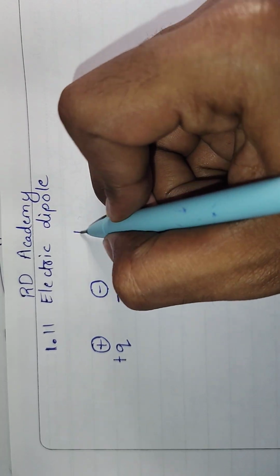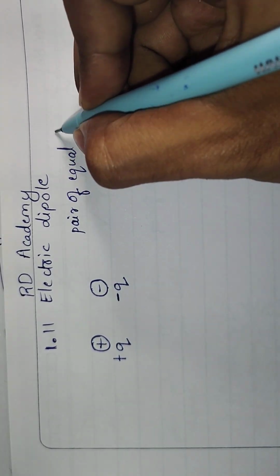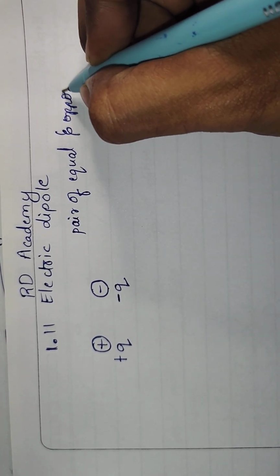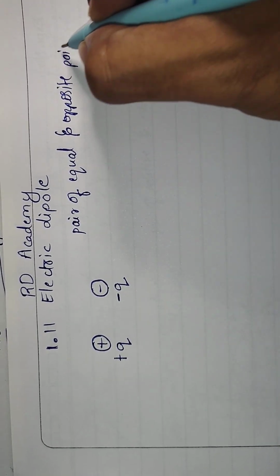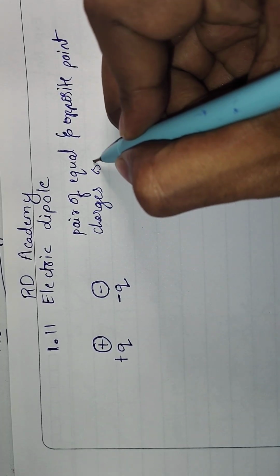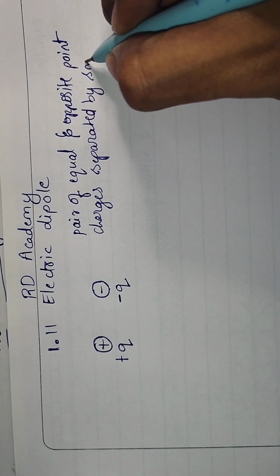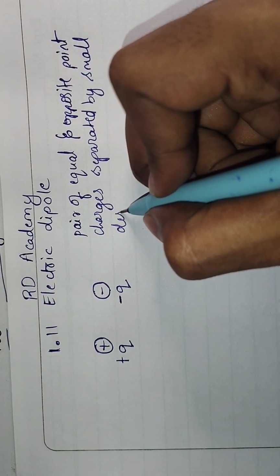An electric dipole is a pair of equal and opposite point charges separated by a small distance 2a. The distance should be small.